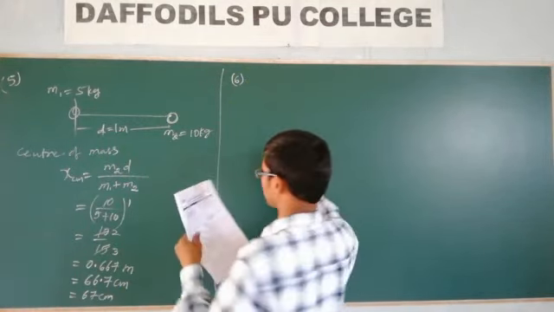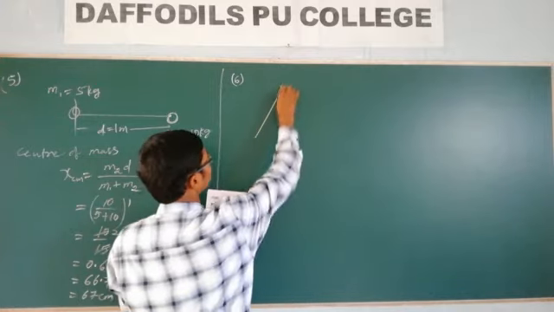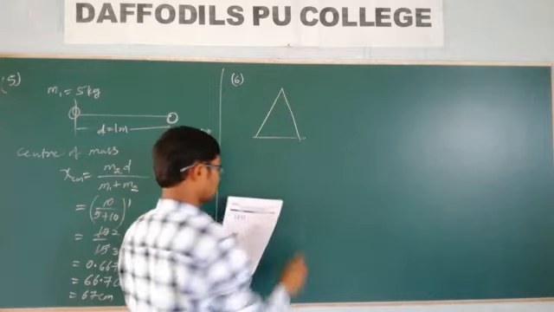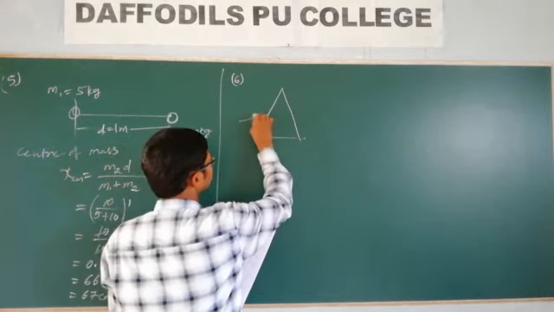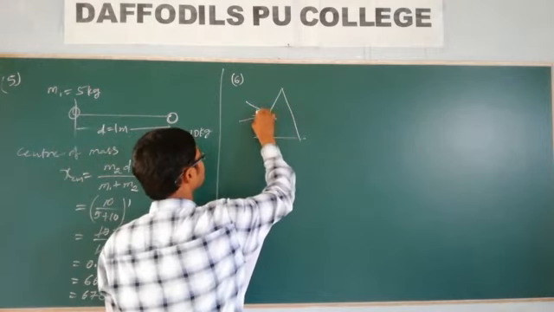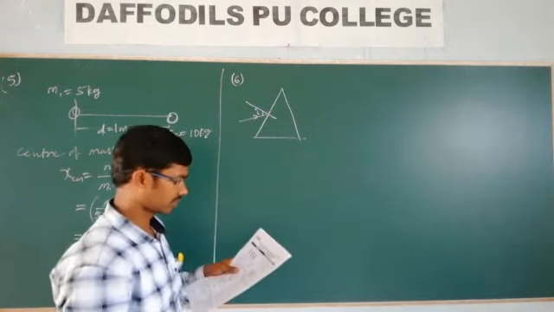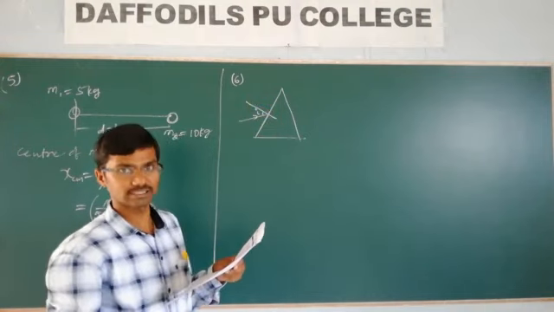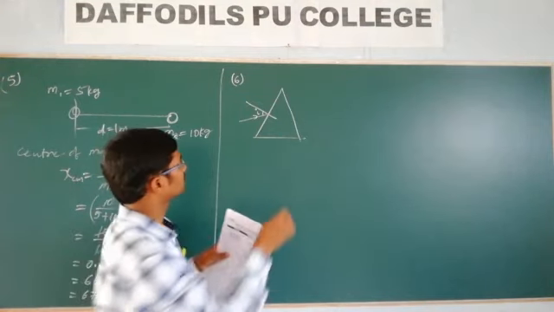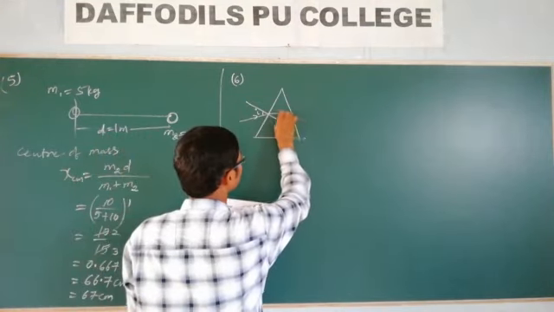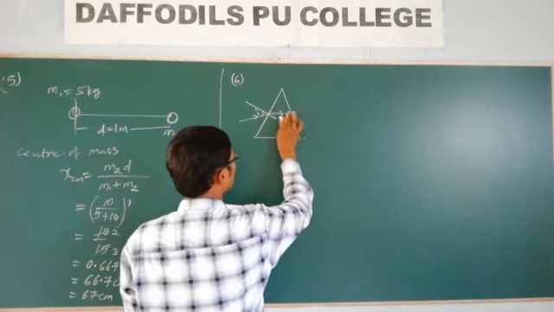A ray is incident at an angle of incidence I on one surface, the incident ray, and here is the angle of incidence I, and it is a small angle prism and emerges normally from the opposite surface. Now the light is incident here and it emerges normally.